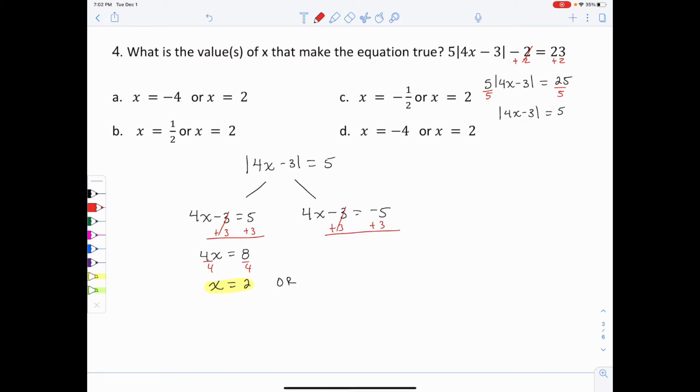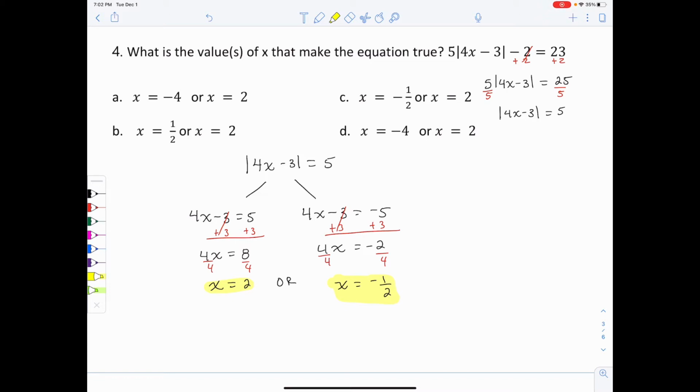All I'm doing is getting x by itself. So according to my solving, x equals 2 or x equals negative 1/2.